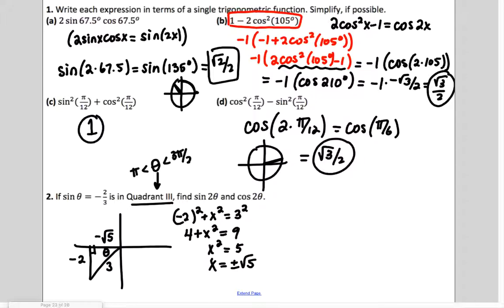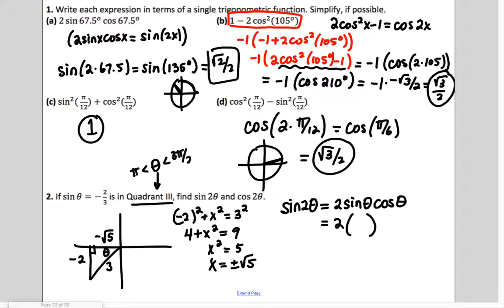So if I want sine of 2 theta, I don't have 2 theta. I just have theta, right? I have some angle that's between 180 and 270. But if I want sine of 2 theta, this angle is going to be between 360 and 540, right? I don't need to draw a new thing, though. I can use what I already know. So I know that sine of 2 theta is 2 sine of theta cosine of theta. So I find all of those things.